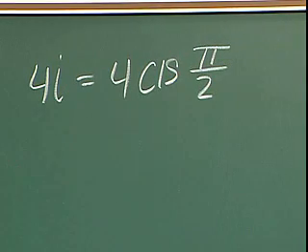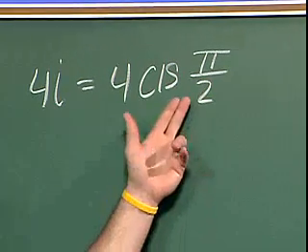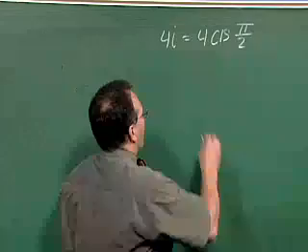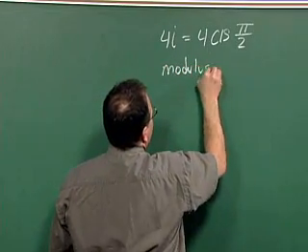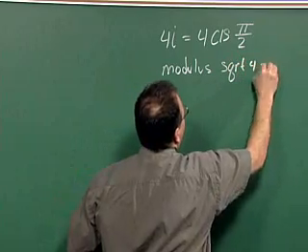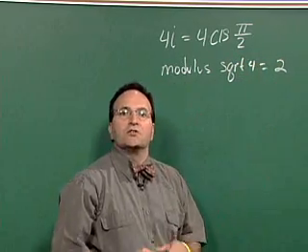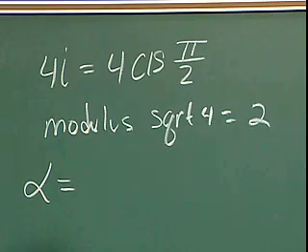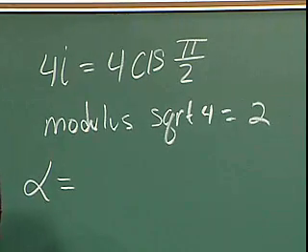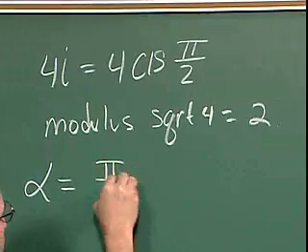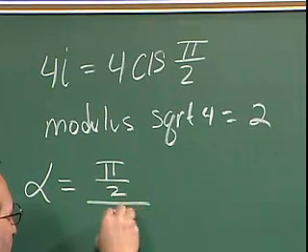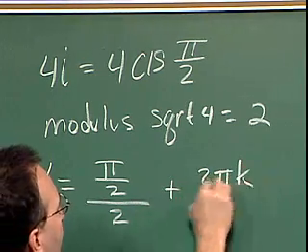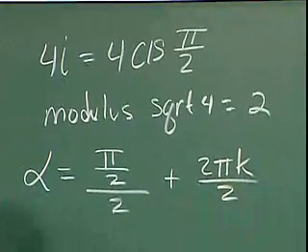Therefore, of course, we know that r is equal to 4, theta is equal to pi over 2, and the modulus that we're looking for is the square root of 4, which is 2. So therefore, we start with alpha, and that's going to equal pi over 2 divided by 2 plus 2 pi k divided by 2.